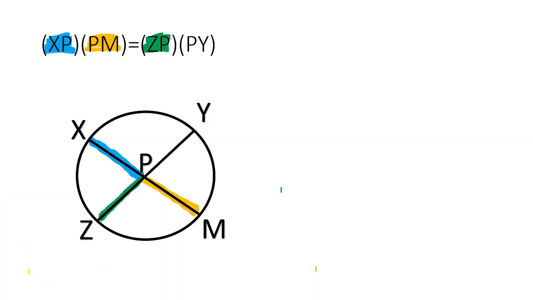I've always thought that this one was a little bit easier to understand than the secants, just because it's the one half of it times the other half of it. You don't have to do the whole times the outside equals the whole times the outside. That can get a little bit confusing.